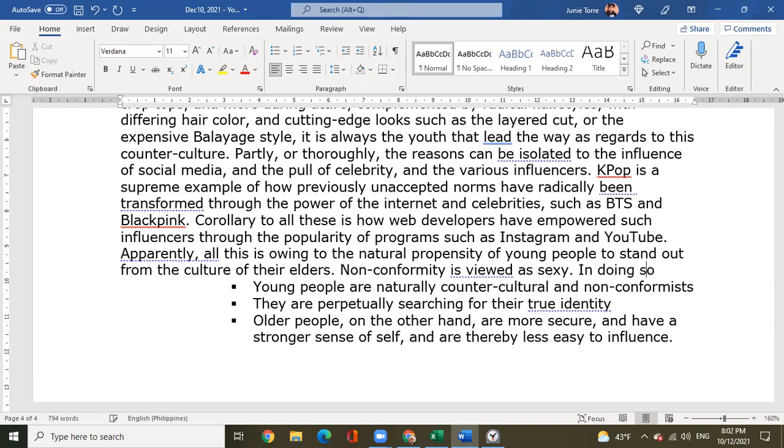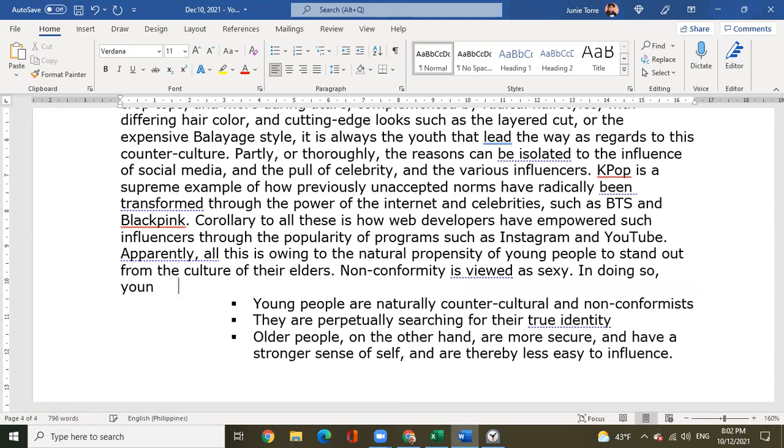in doing so, young people are able to find some form of identity.